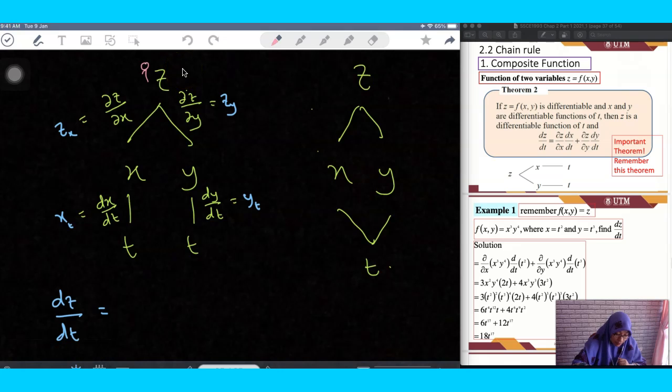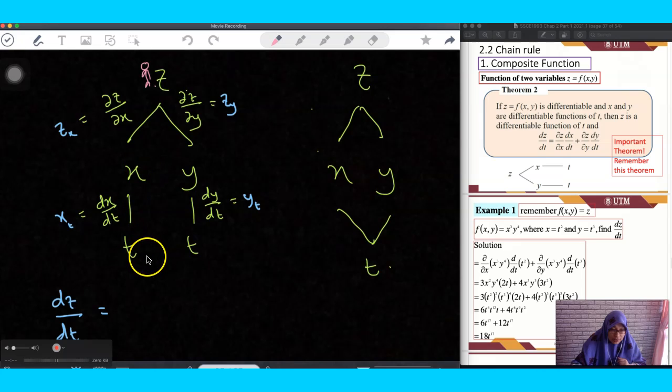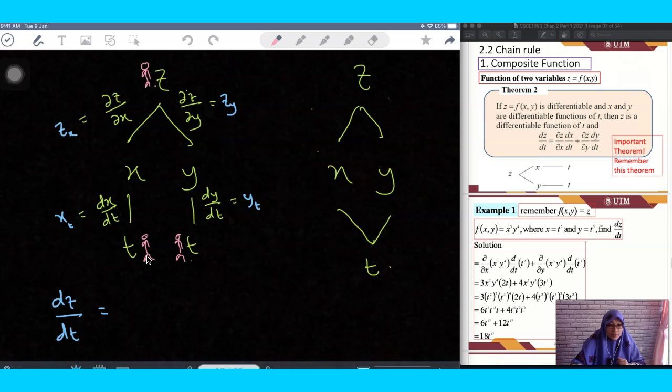You want to go from Z to T. How can you get there from Z? You have two paths, right? One from this path and the other from this path. So since you can use two paths, in your rule you must have two terms.